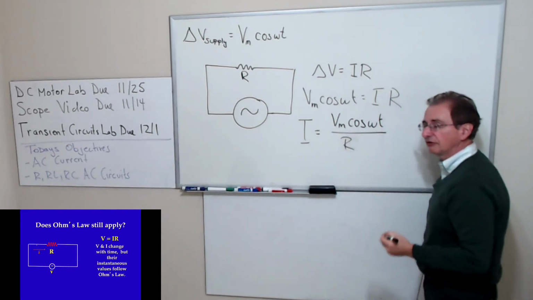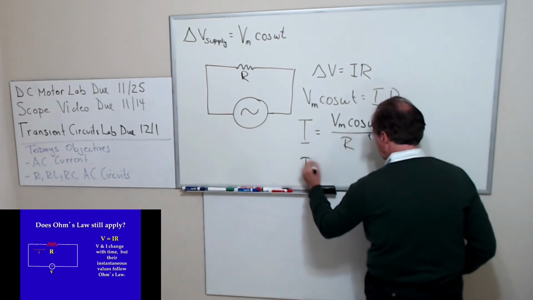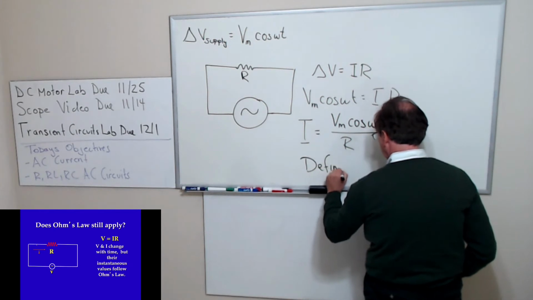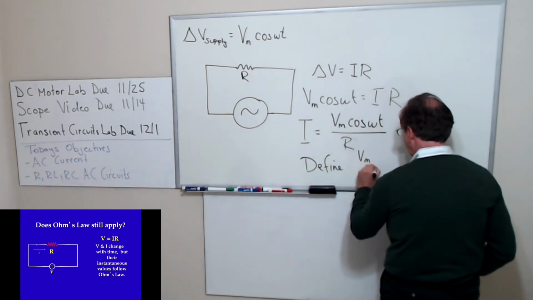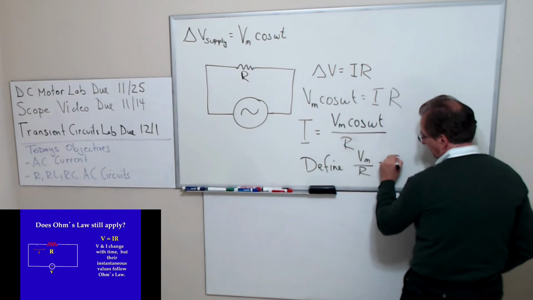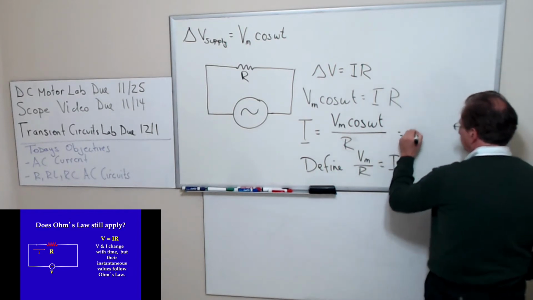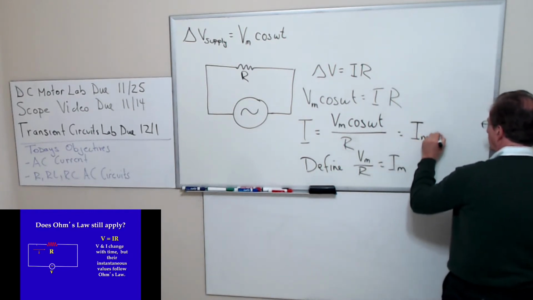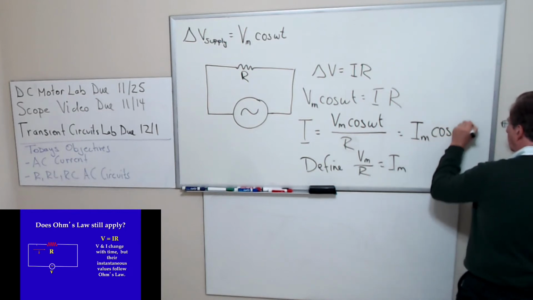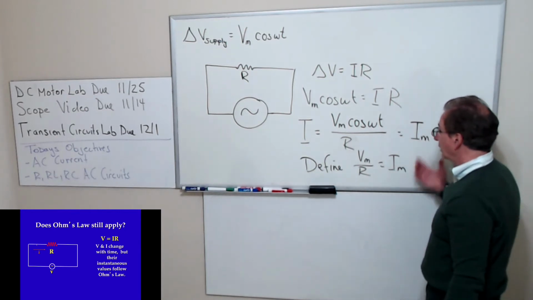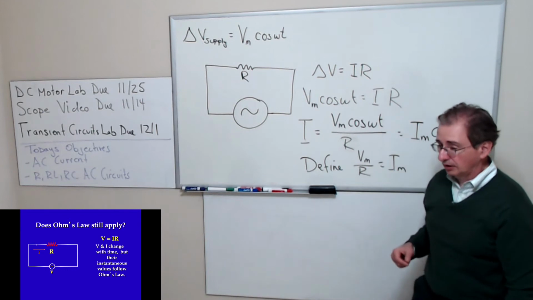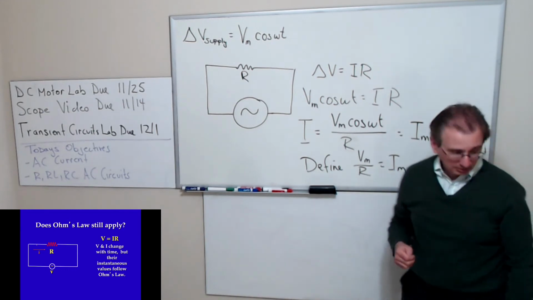And then we can define V sub m over R as I max. And so now we have the expression for the current in our circuit.